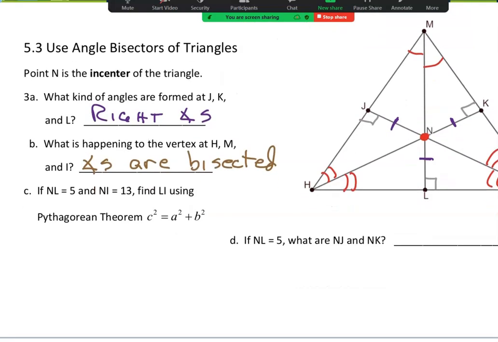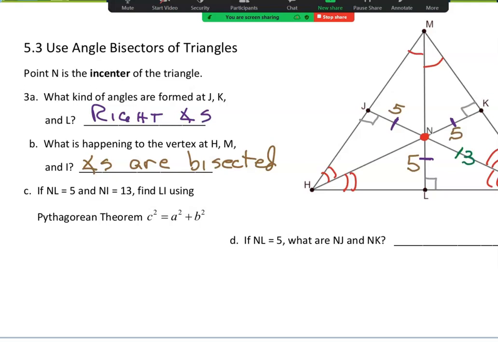Next, if NL is 5, okay, so NL is 5, so that means JN is 5, and that also means NK is 5. And NI, they tell me, is 13. NI is right here, so this is 13.